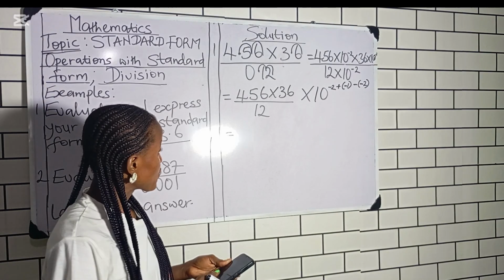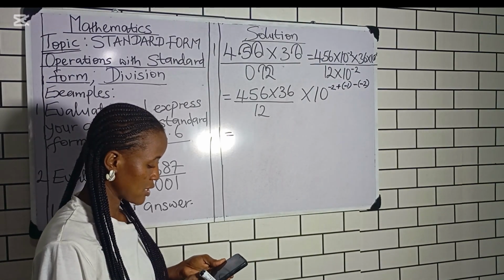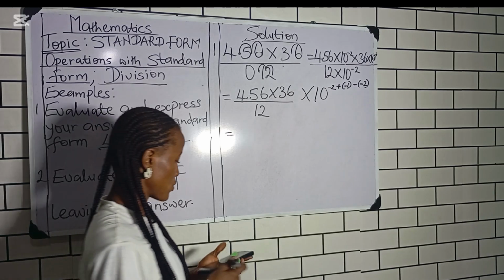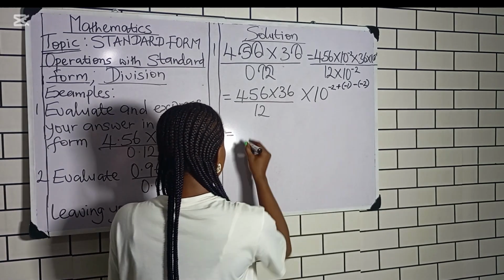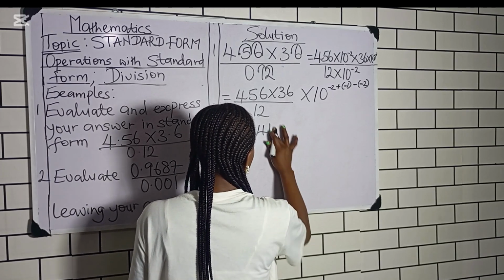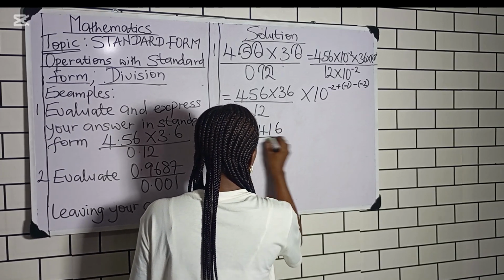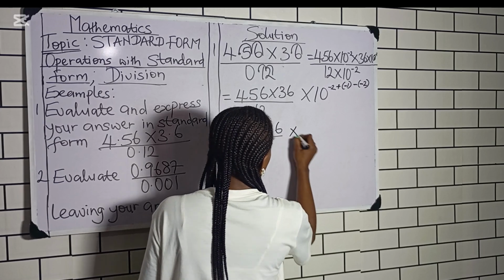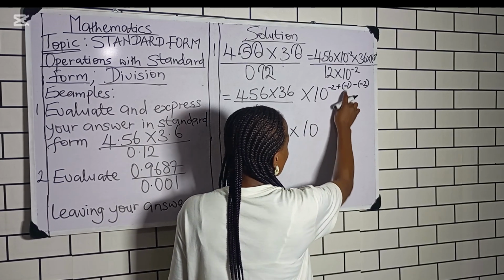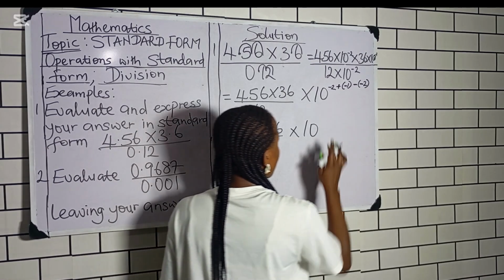Now we have 456 times 36 equals 16416 over 12 times 10 raised to power minus 2 plus minus 1, which will give us minus 3.